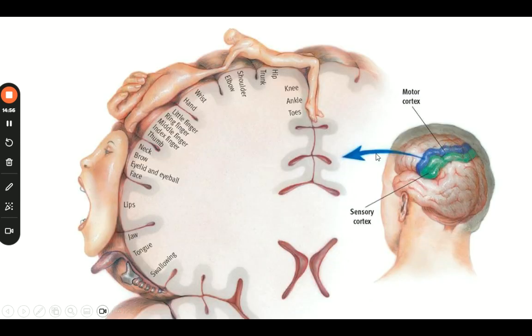Same thing. It's just a different way of looking at it. Look at all the space that dedicates to hands. Look at all the space that dedicates to your face. Knees and ankles, toes, not so much. All right, moving right along.